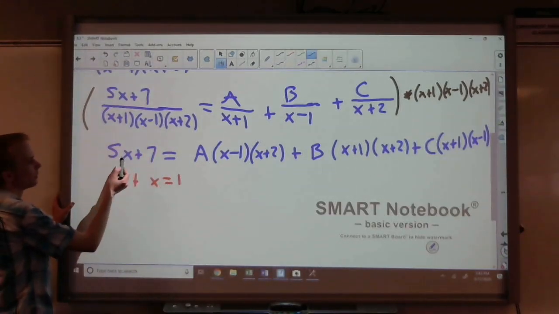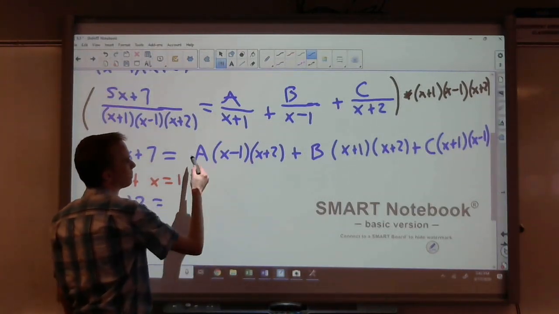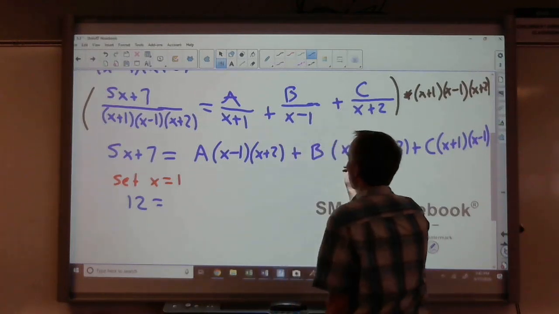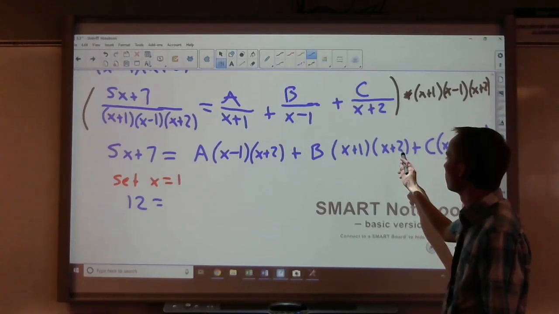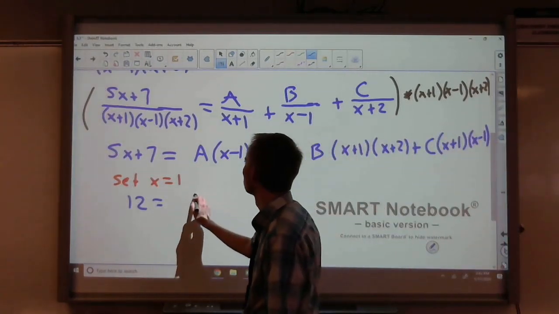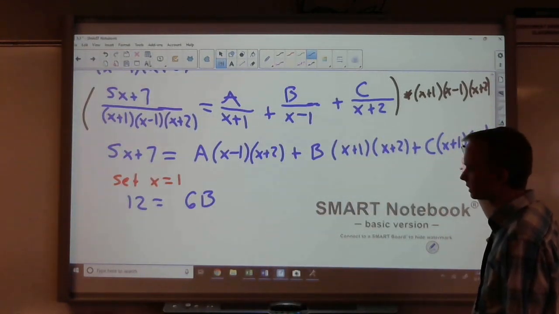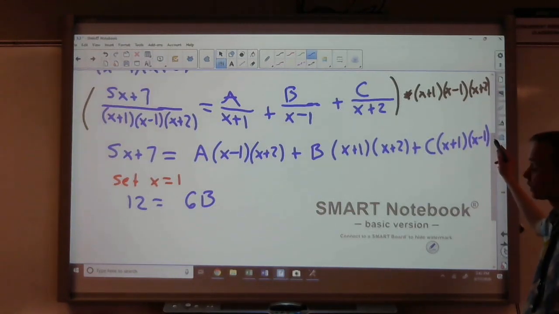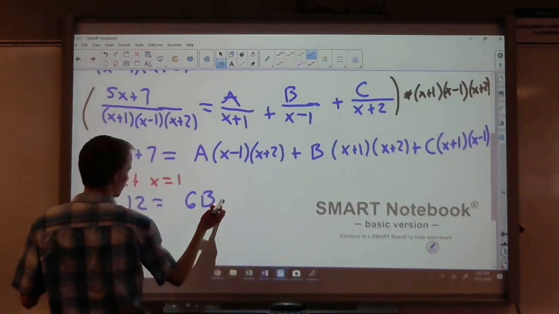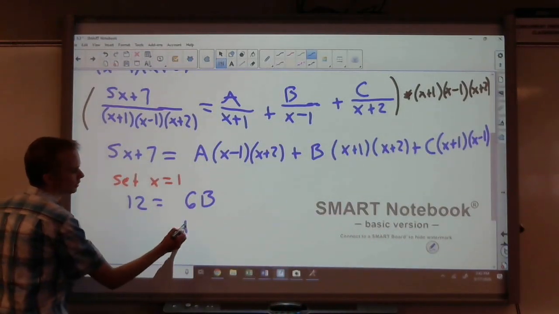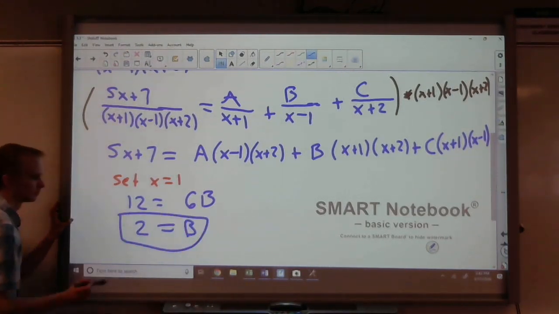So when I set x equal to 1, I get 5 plus 7 is 12 equals, this part is 0, 1 plus 1 is 2, 1 plus 2 is 3, so we've got 3 times 2 is 6, so we've got 6B, okay? 1 plus 1 is 2, 1 minus 1 is 0, so this is all 0 here. So just plus 0, 6B is 12, so we get B is 2. Okay?